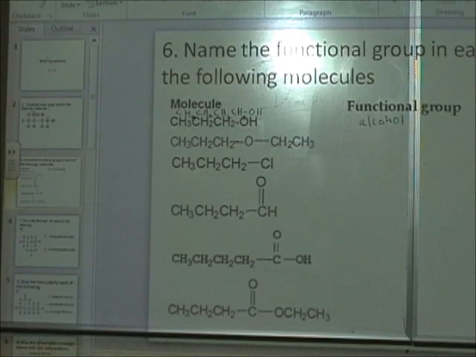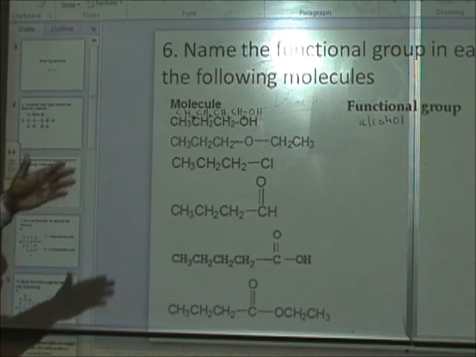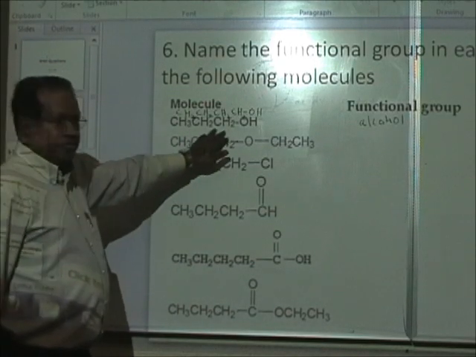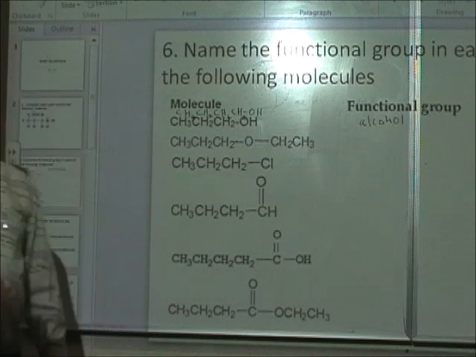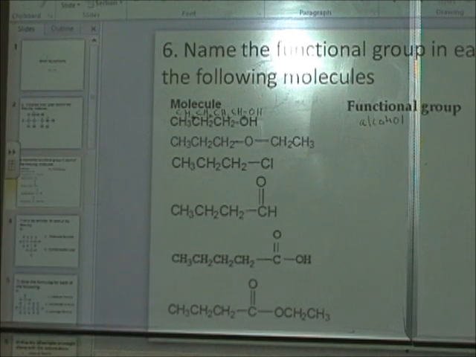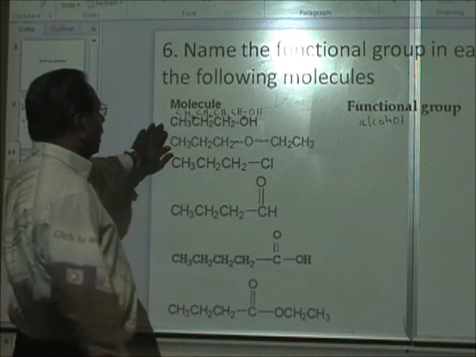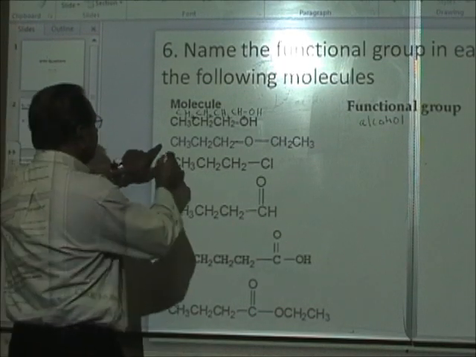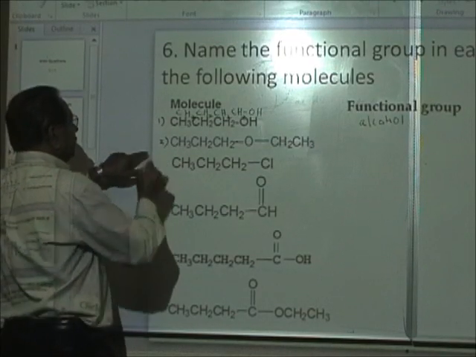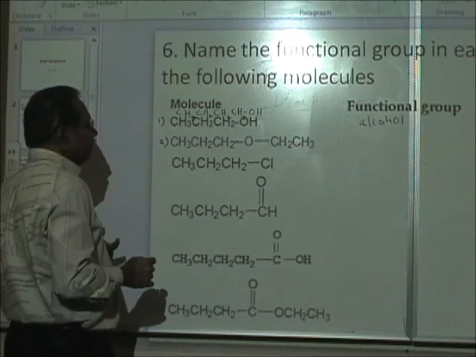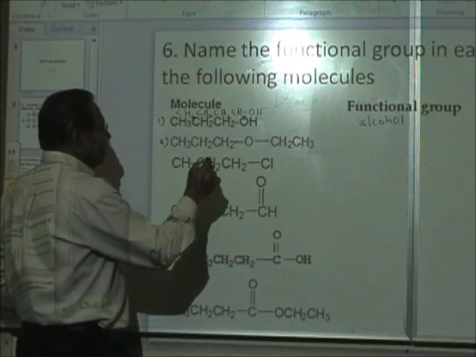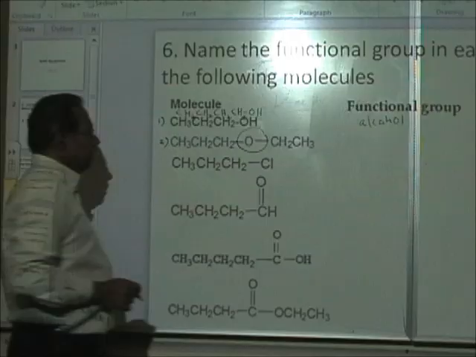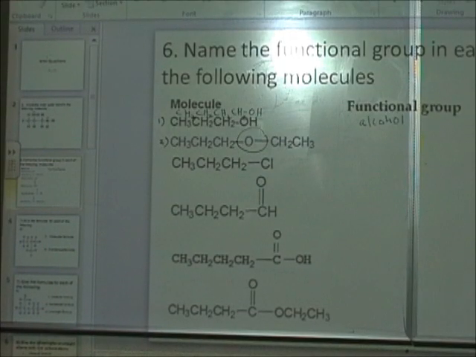There are various alcohols where this part is different, but the OH is still there: methyl alcohol, ethyl alcohol, propyl alcohol, butyl alcohol, pentyl alcohol, like that. So you need to identify the functional group there. Now there is another class of organic compounds derived from hydrocarbons, where an oxygen atom is stuck in between a carbon-carbon chain.